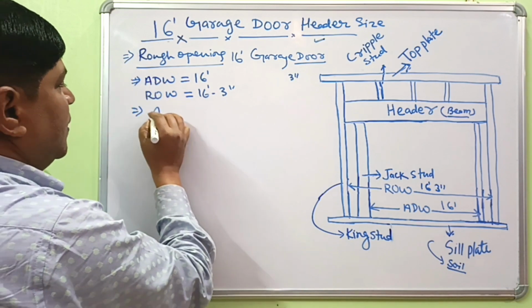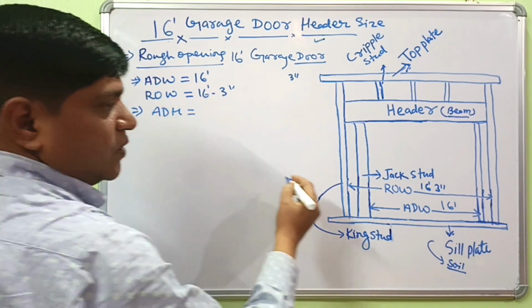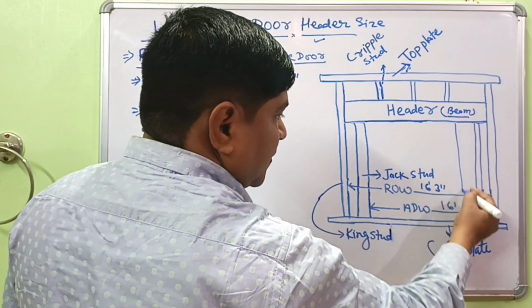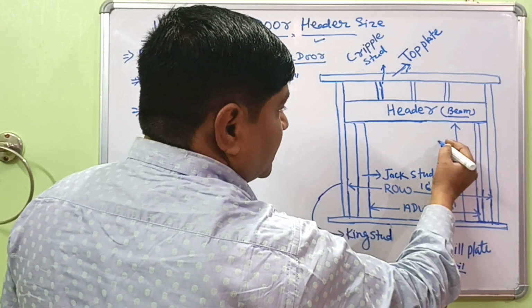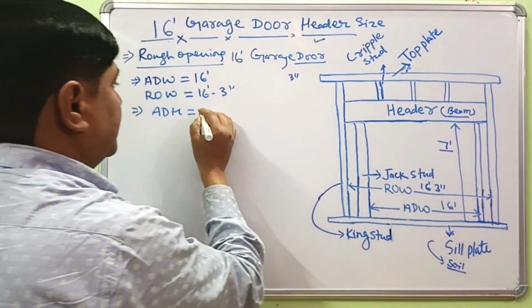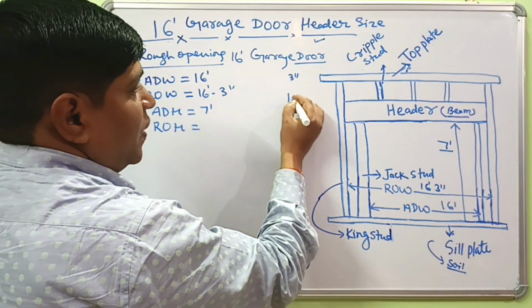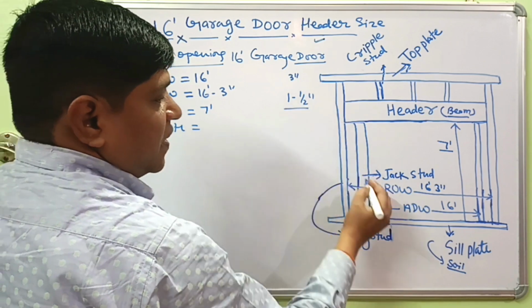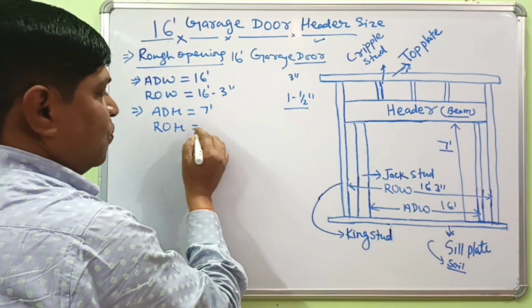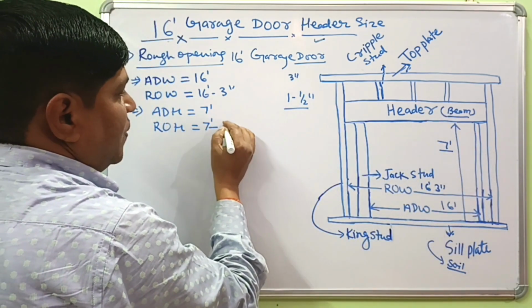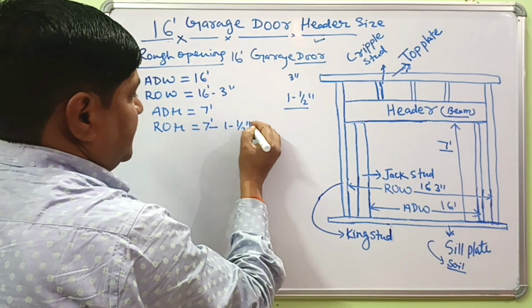And the actual door height, this one is the height, which is about 7 foot. And the rough opening height will be about 1.5 inches taller than the actual door height. That's why the rough opening height will be 7 foot 1.5 inches tall.